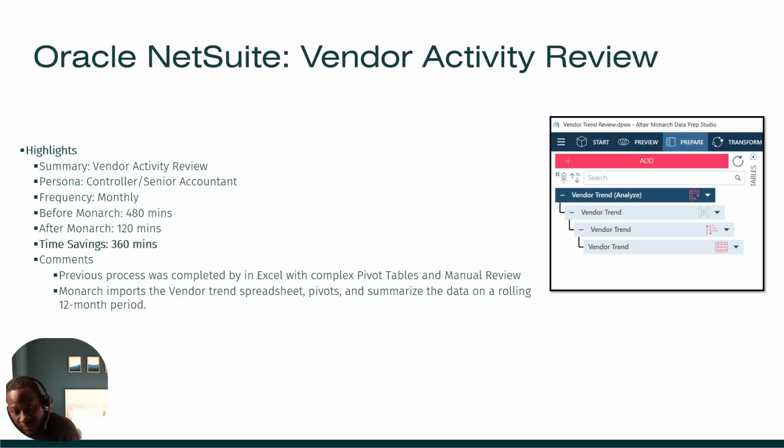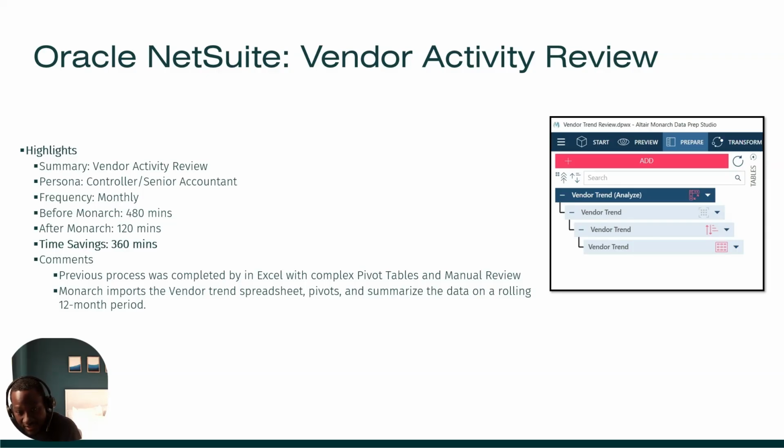So this went from 480 minutes, which I think was an 8 hour workday, down to 2 hours. And that 2 hours is not for the Monarch process, it's for her review.